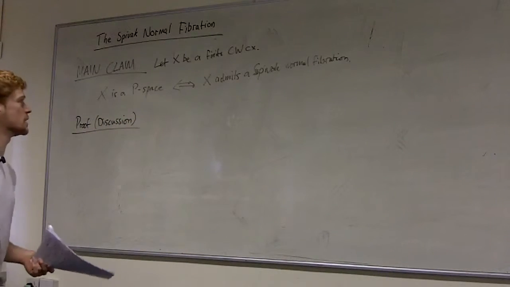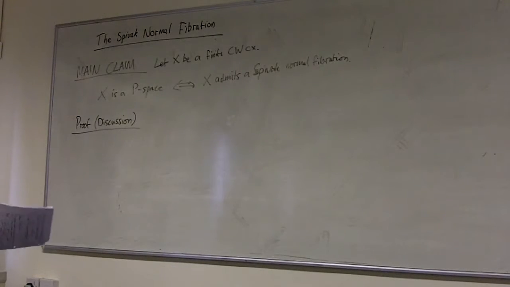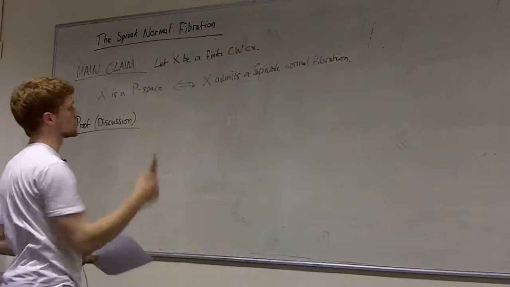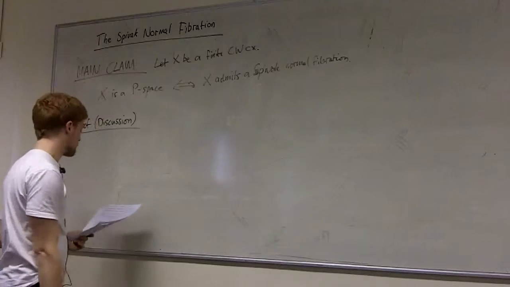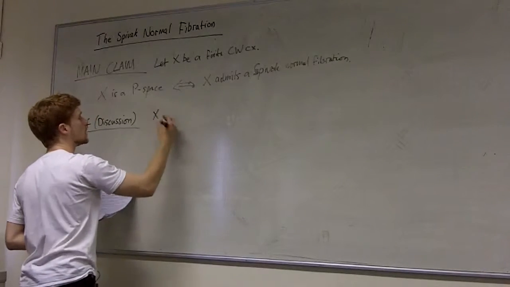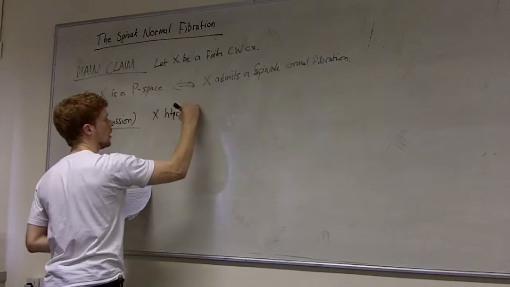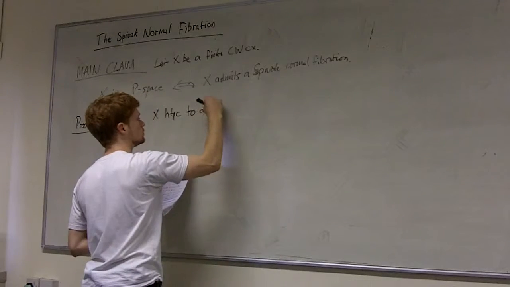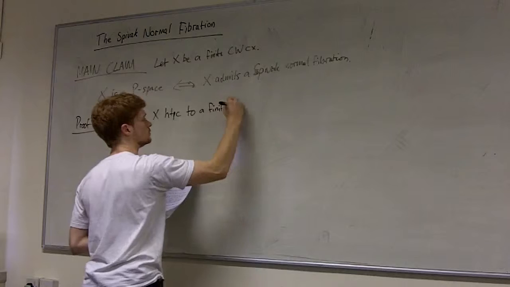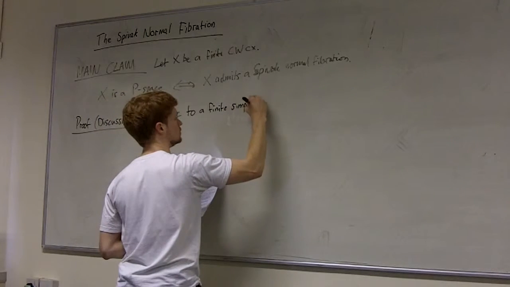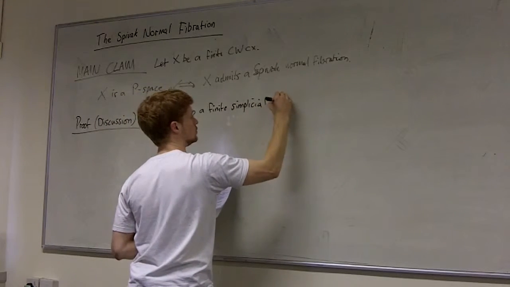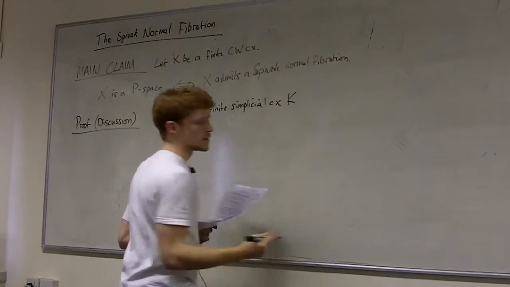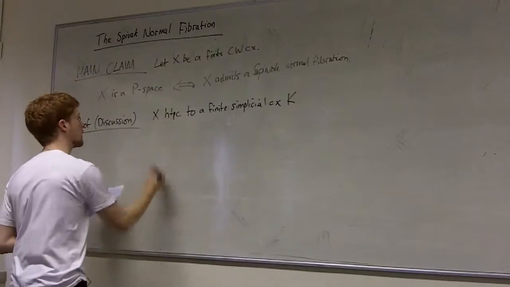Okay, so the first question is, what can we construct without using either one of these hypotheses? Okay, so X is homotopic to a finite simplicial complex. This is the simplicial approximation theorem.